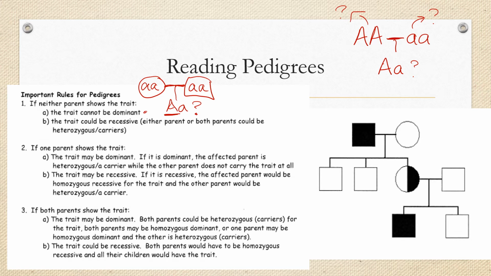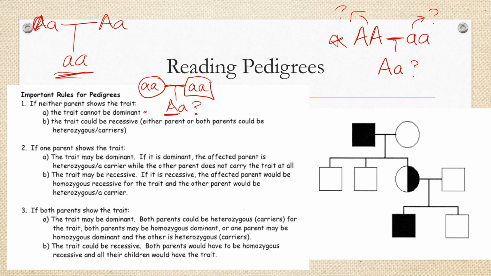If it is dominant, the affected parent can be heterozygous and the other parent can't carry the trait at all, like this example here. If the trait is recessive, the affected parent would have to be homozygous recessive and the other would have to be a carrier, just like this example here. I would have to have a carrier parent in order to get that particular trait coming up.